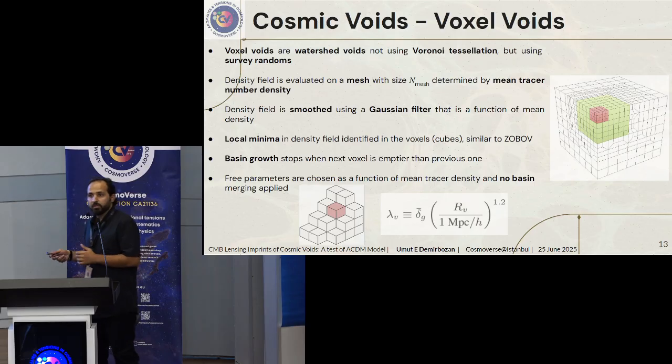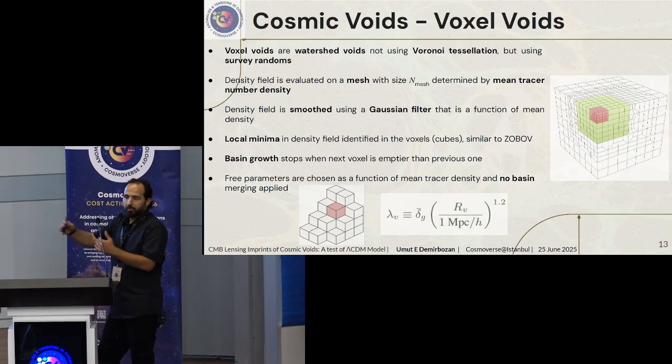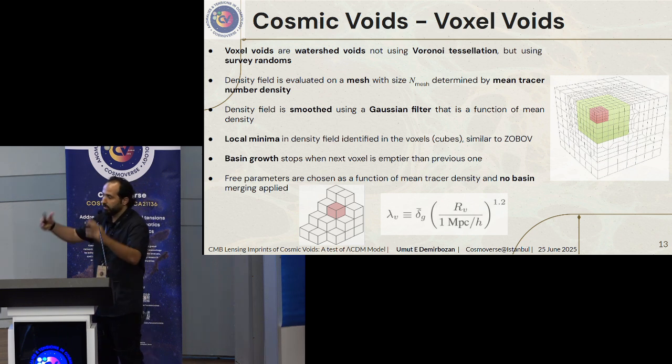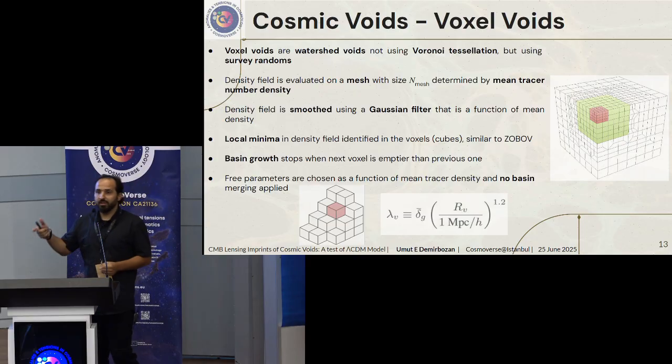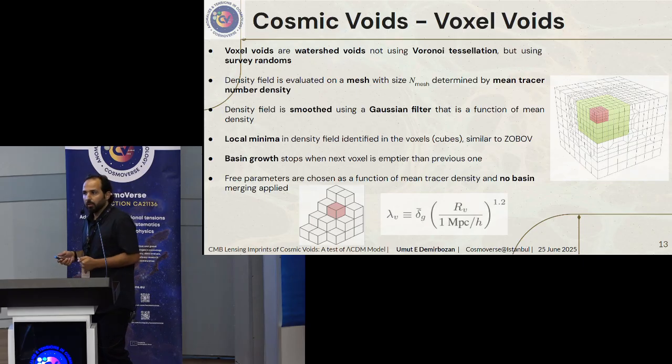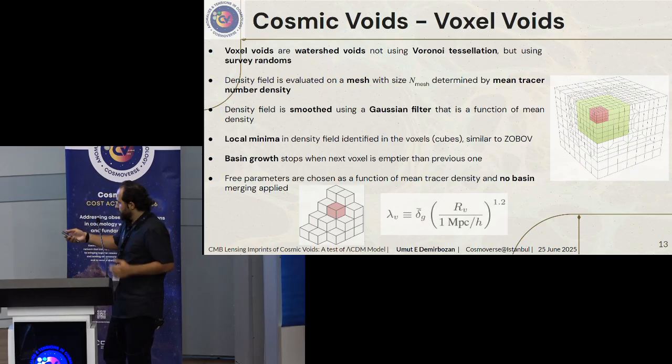Some previous void finders proposed that we can do basin merging if you have, say, a 0.2 mean density of the universe, and then you need to merge. We do not do any basin merging, meaning that we find some voids that can be located in overdensities, which can actually give a positive kappa imprint on the CMB because you are not exactly probing the large area.